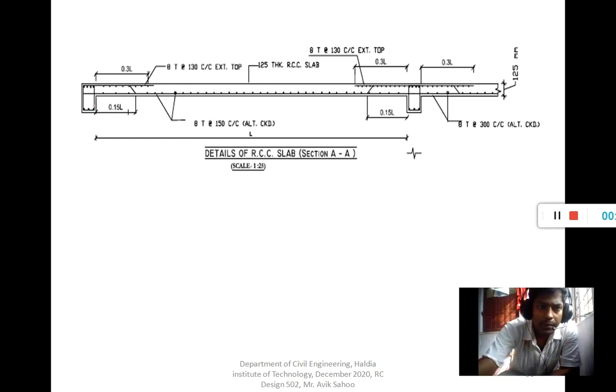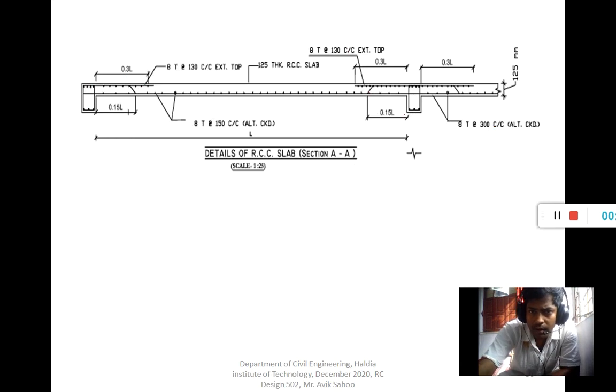The beam here, because the slab is supported on the beam, the reinforcement we apply at top. Here at bottom also we apply reinforcement, although it is not required, but to make the connection these bars are used. And the alternate bars are curtailed. So if the spacing is 150, so here the spacing is 300. And again this spacing is how much? 130 center to center.